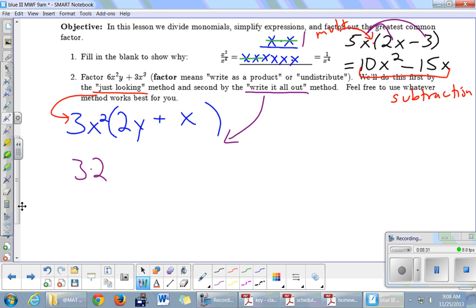Then you're going to take the x squared and write it as x times x. And the y is just y. What's the next symbol originally? It's an addition, plus sign. 3 we're just going to copy. But x cubed we're really going to write all out.